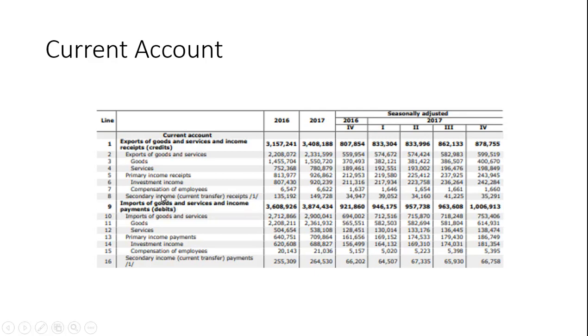They also have secondary income here, and you have this value of 149,728. Here we have imports of goods and services. So this is stuff that we're buying in the U.S., and we're buying a certain amount of goods. We're buying a certain amount of services from overseas. And then we have these primary income payments, investment income, compensation to employees, and secondary income payments.